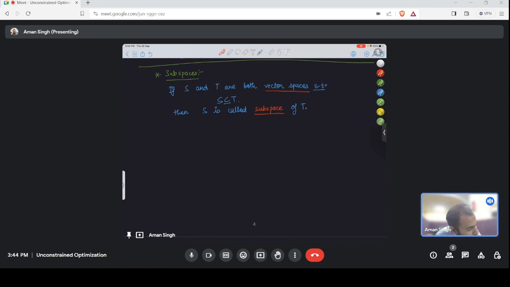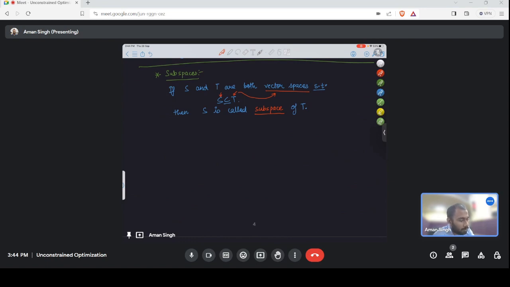Let's look at some important points here. Both S and T have to be vector spaces. That is, both S and T sets follow all the properties that we saw above, and S is a subset of T. Then S is called a subspace of T. So it's not just that T is a vector space and S is its subset.